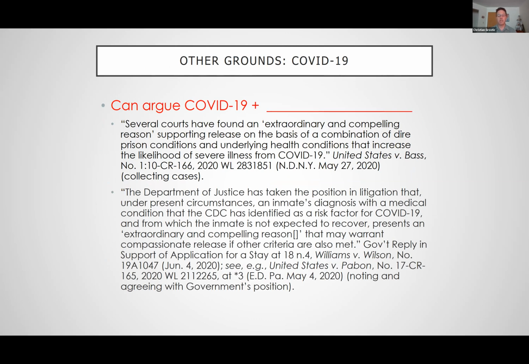The second one is actually from a government filing in the Supreme Court in the Elkton litigation, where they told the Supreme Court they are taking the position that if an inmate has a risk factor for COVID-19 identified by the CDC, that the DOJ's position is that that may be an extraordinary and compelling reason. So that's important to keep in mind.